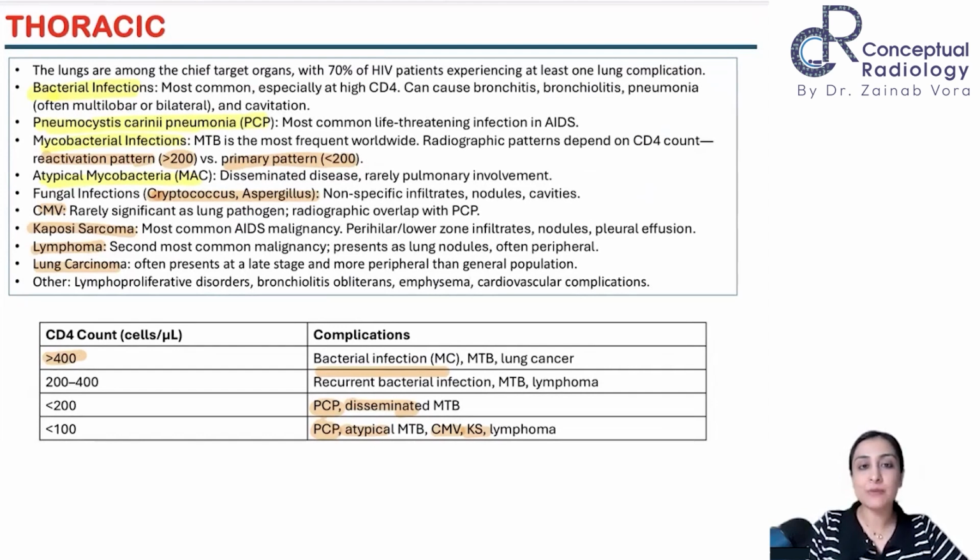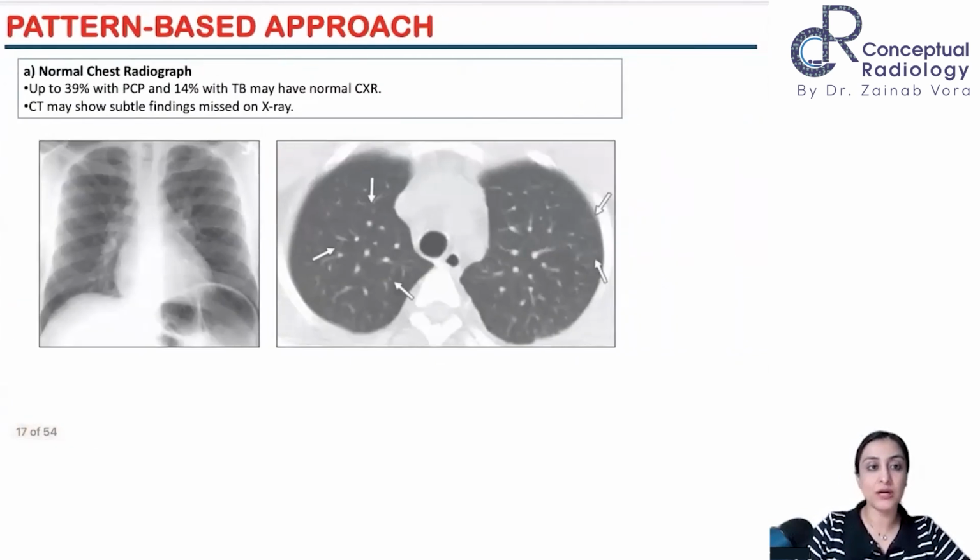Okay, so now I'm going to teach you pattern-wise, what pattern will you think of? What DDs? The first pattern is normal. So when you have a normal chest radiograph, that's also a manifestation of a lot of infections. So almost 40% with PCP because it's subtle GGOs, 14% with TB because there are random nodules in the early cases.